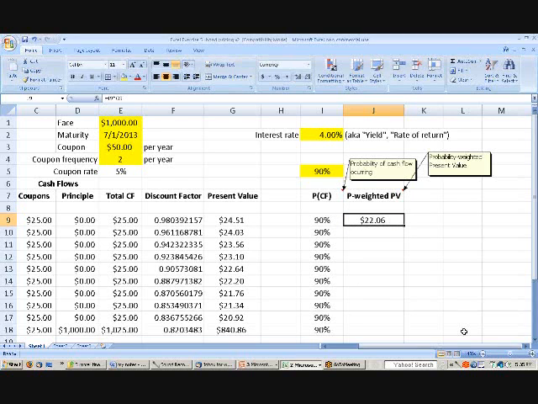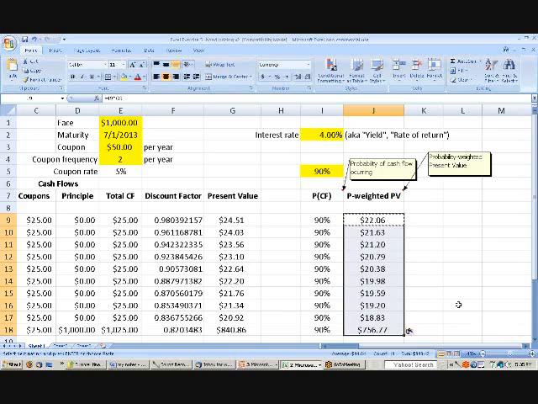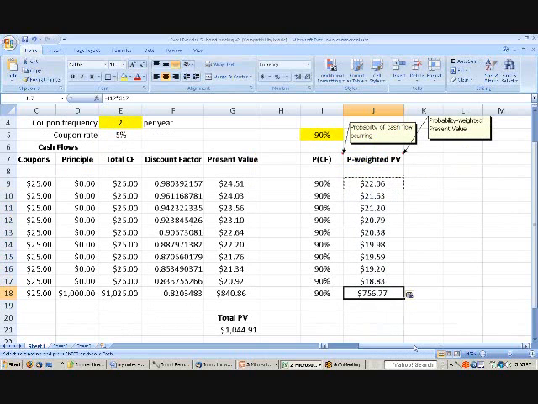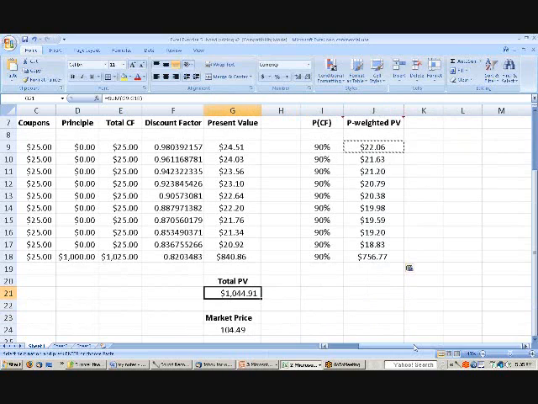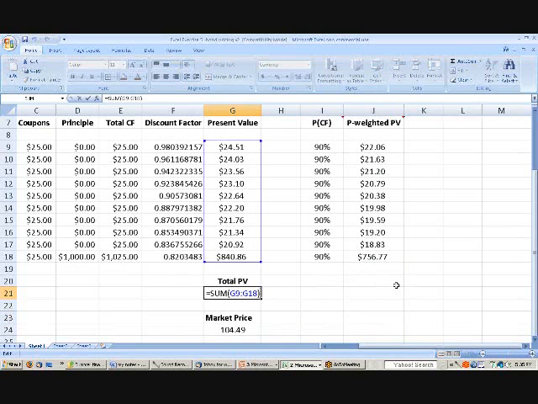Pretty simple. And then we're going to copy that down. And then we're going to use this same formula to find the total present value of the bond with 90% certain cash flows.